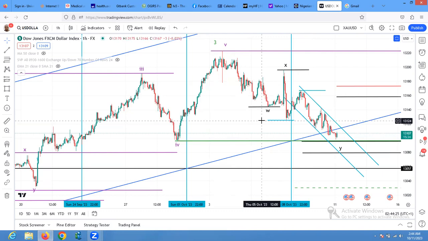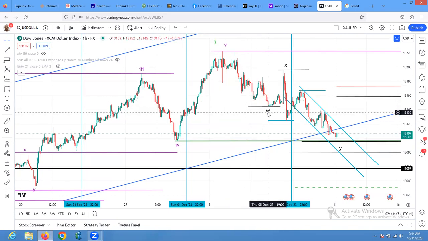Now we have seen clearly the price had been able to cap the bottom here. But having said that also, the way and manner that this wave had formed suggests that this is highly corrective.